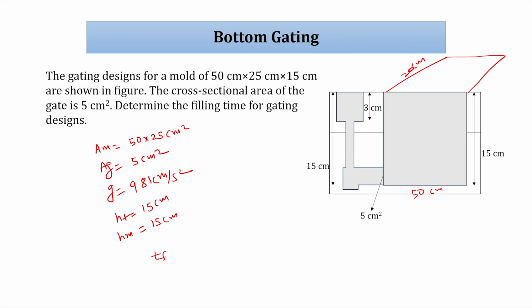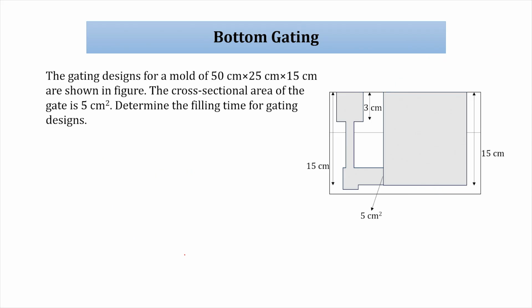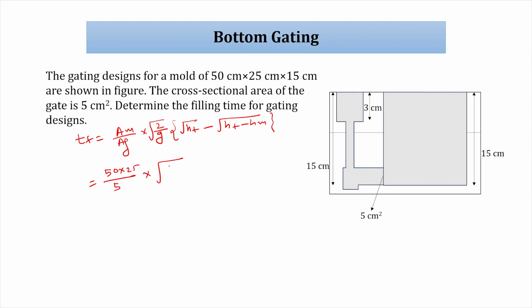TF we can calculate with the formula TF equal to AM by AG root 2 by G into HT minus HM. AM is 50 into 25 divided by 5, into 2 divided by 981.